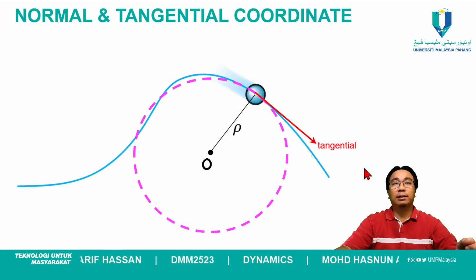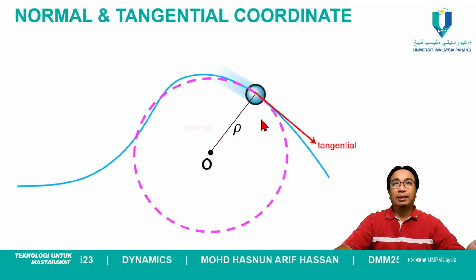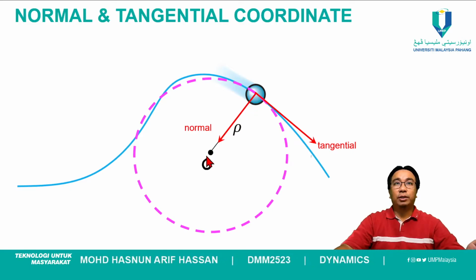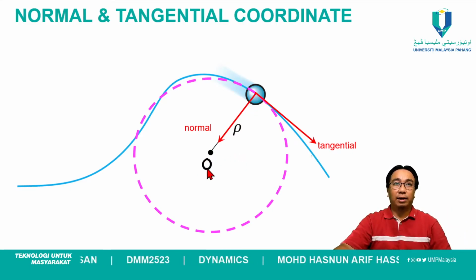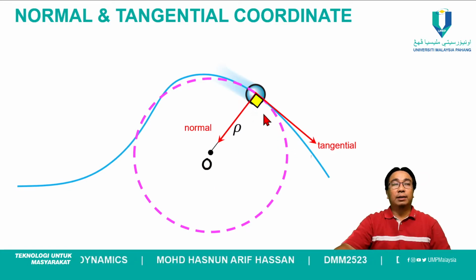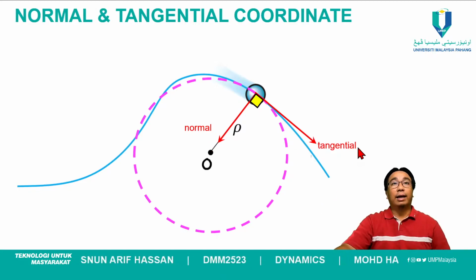This is the tangent, and the normal axis will be 90 degrees to the tangential axis and pointing towards the center of the arc. The center of the arc is point O here. These two will make a 90 degree angle, normal and tangential axis.